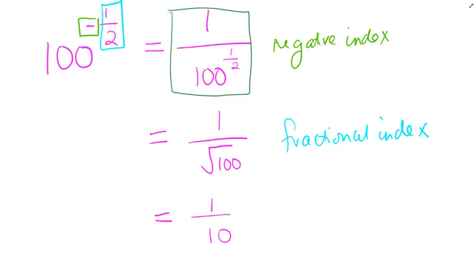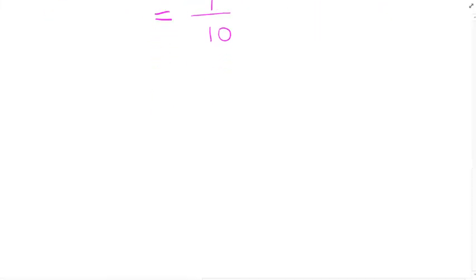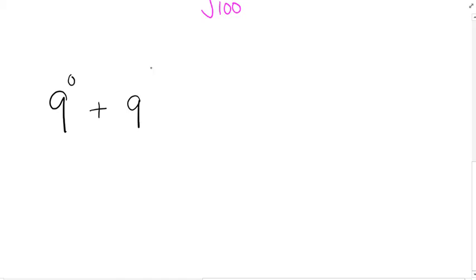Now, in the exercise that you are about to do, you will see a few questions that are definitely going to test how much you remember from regular indices, just the laws of indices. All right, so let us talk about, for example, if I had 9 to the power of 0 plus 9 to the power of a half.